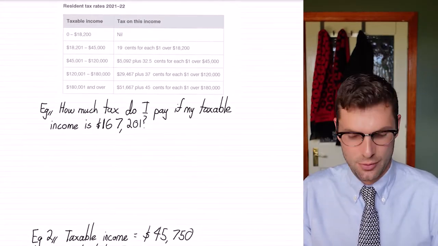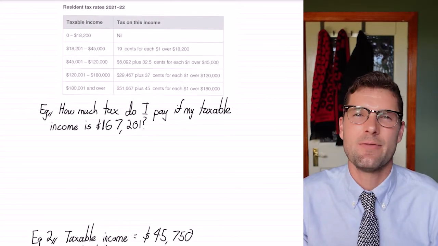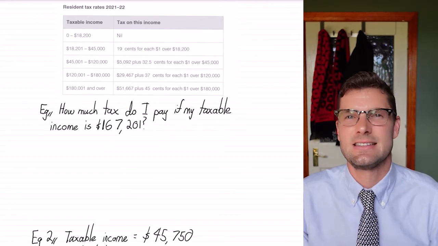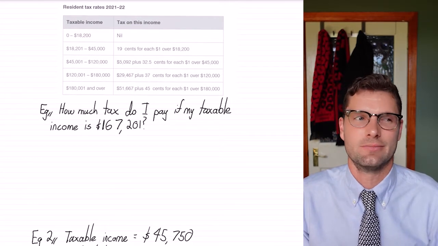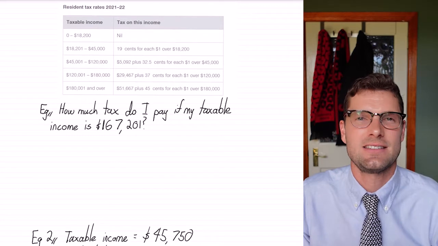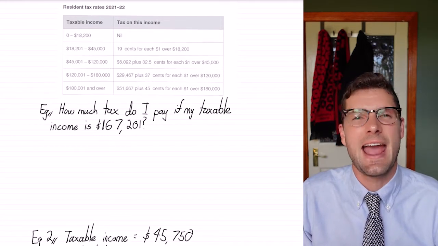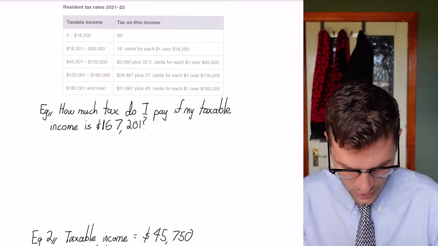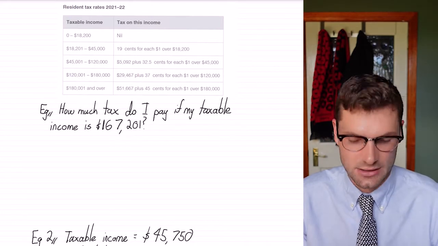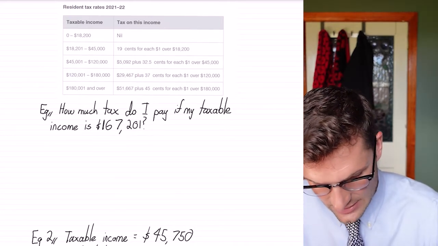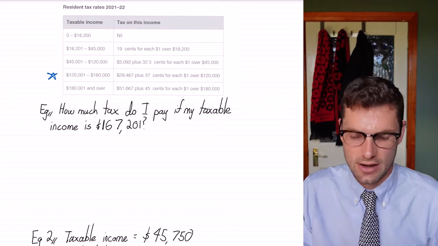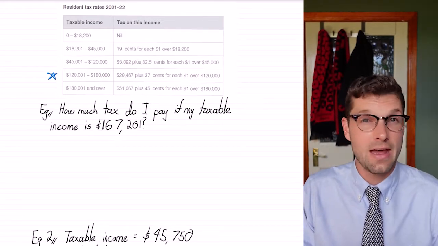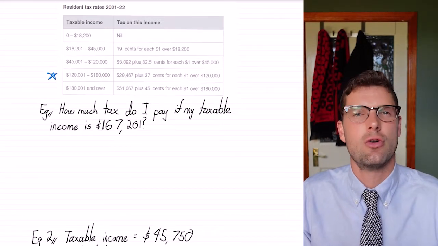For this first example, how much tax do I pay if my taxable income is $167,201? You're obviously doing pretty well if that's your salary, but we've got to see how much tax we're going to pay on that. The first skill is we've got to identify which tax bracket we're in, and $167,000 is between 120 and 180. From there, all we've got to do is read across.